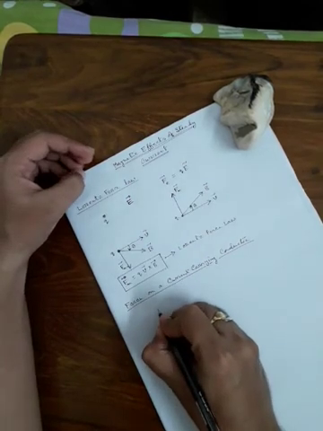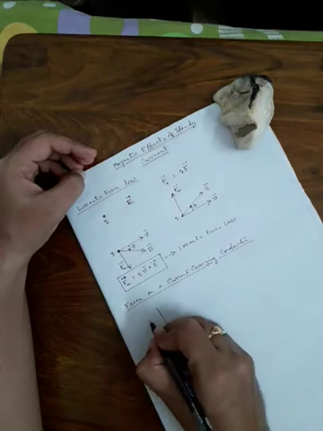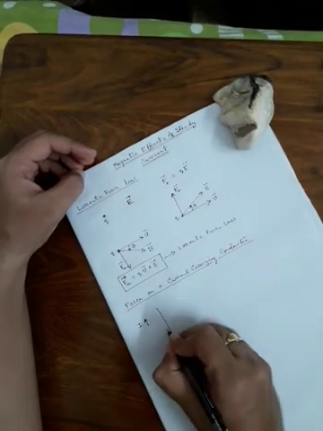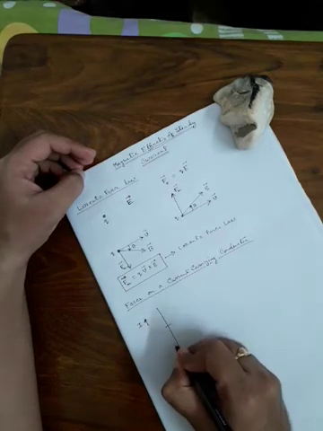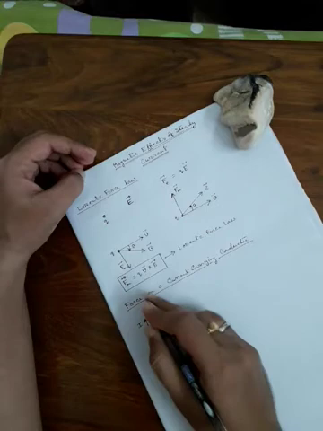Consider a current carrying wire like this, which carries a current I. Consider an elementary length dl of this current carrying wire.